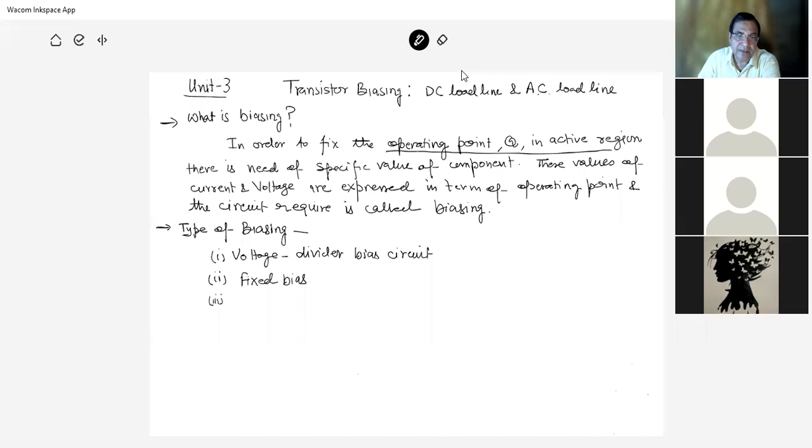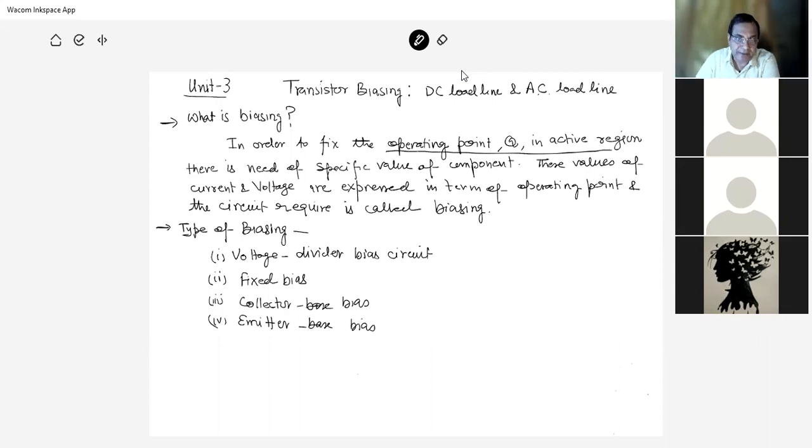Third one is collector base bias, and fourth is emitter base bias.